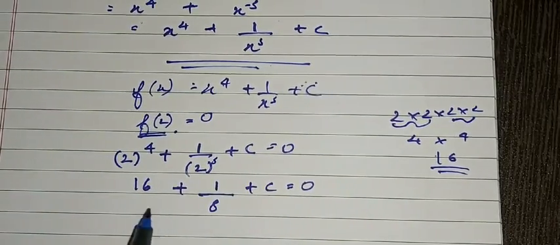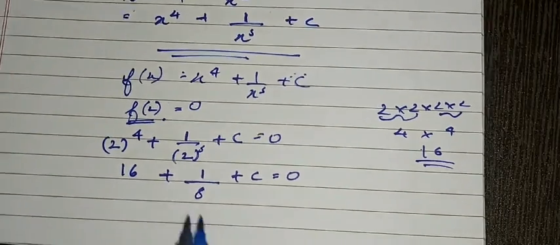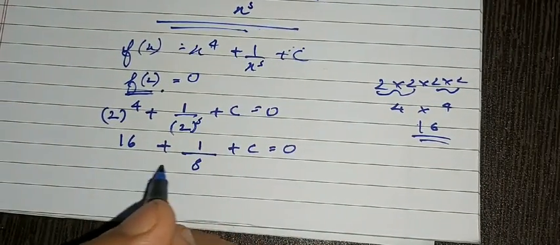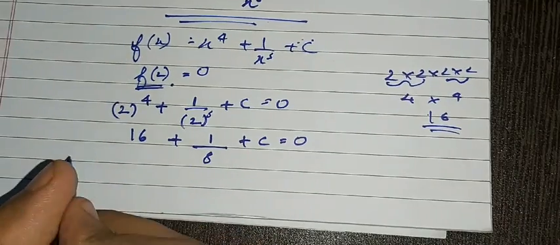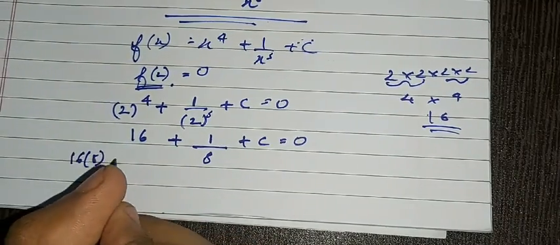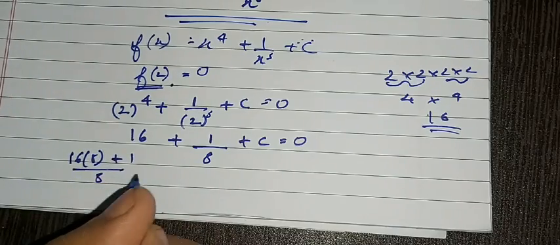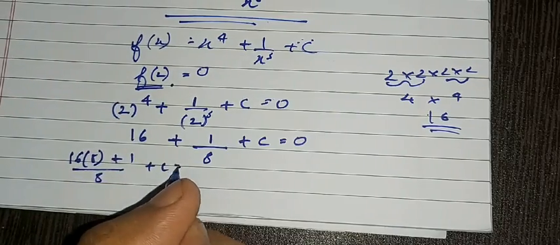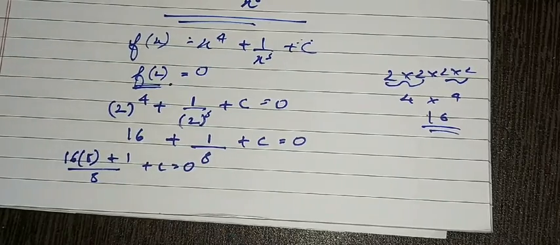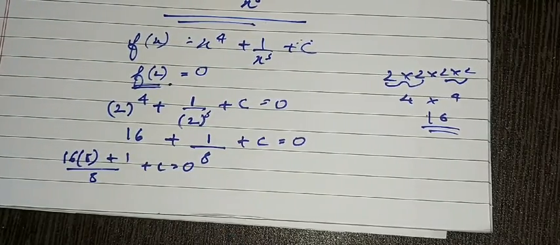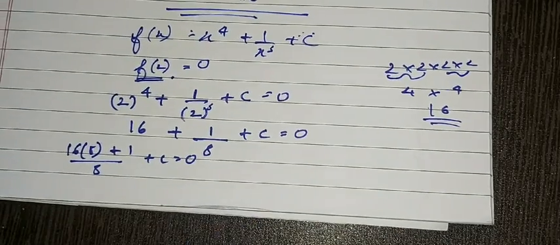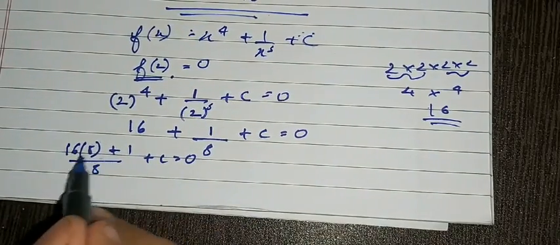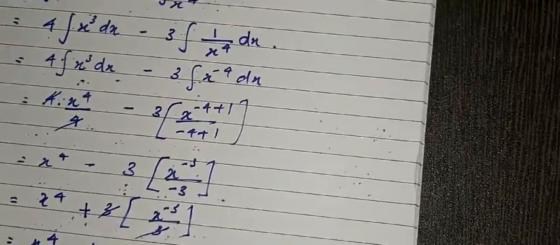Now we should take the LCM and add this. Here we have 8, so we want 8 here also. So 16 into 8 plus 1 by 8 plus c is equal to 0. Now we should find this part.